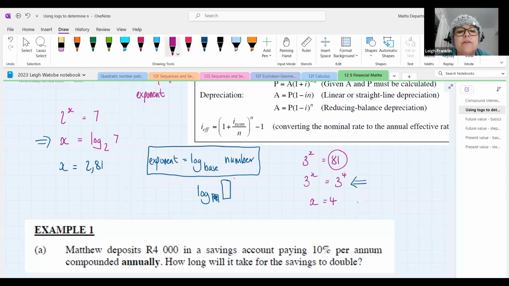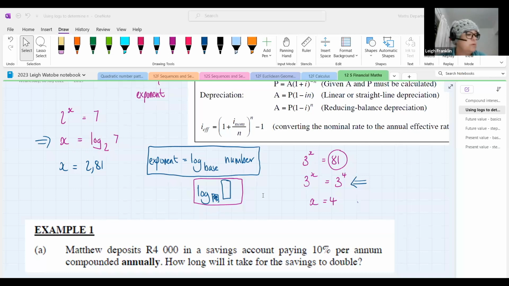It looks like this. Do you see that button on your calculator? Can you see it, Katleho? Ma'am, I only see a button that is written log.